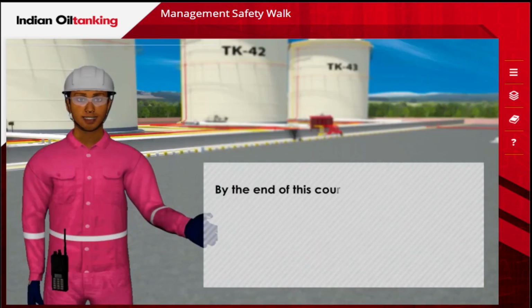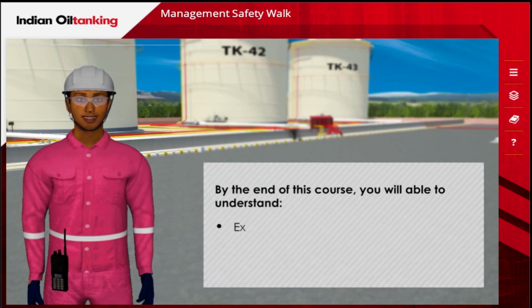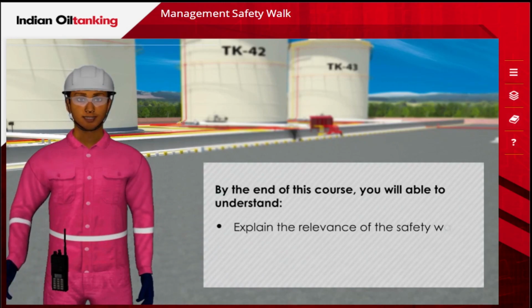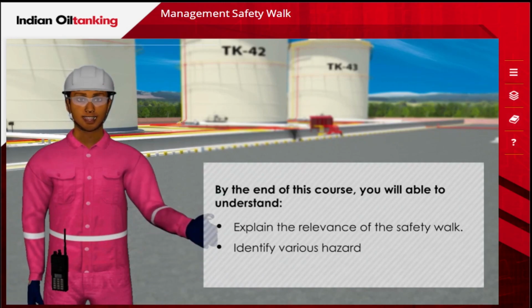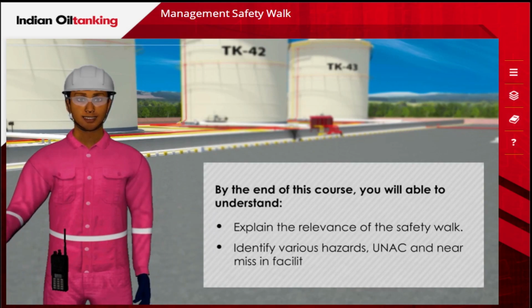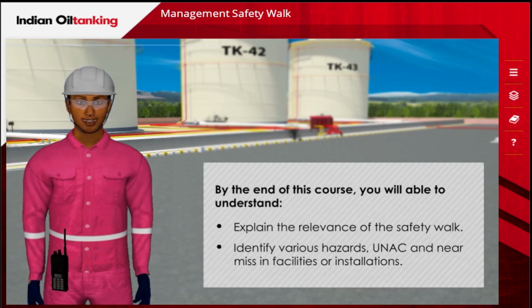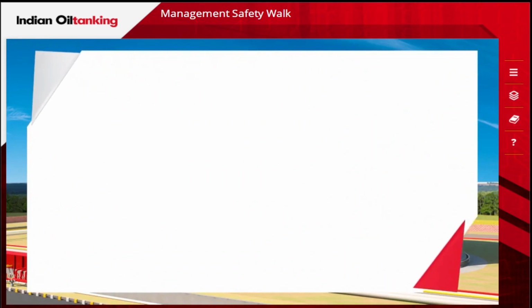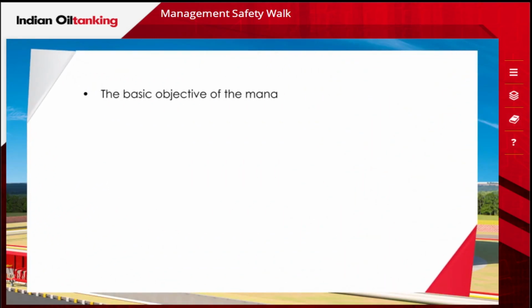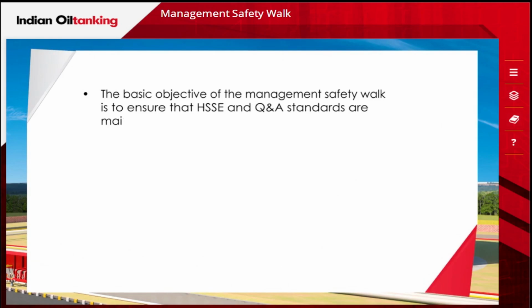By the end of this course, you will be able to explain the relevance of the safety walk, identify various hazards, unsafe acts, and near miss in facilities or installations. The basic objective of the Management Safety Walk is to ensure that HSSE and QA standards are maintained.